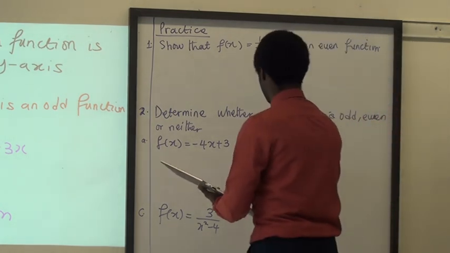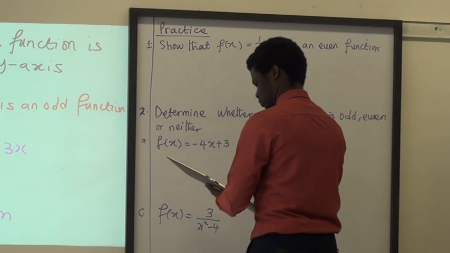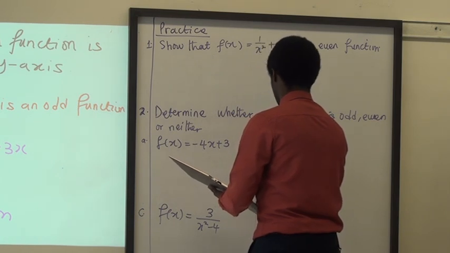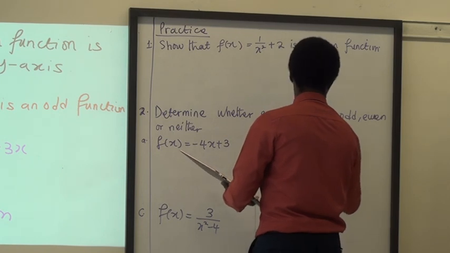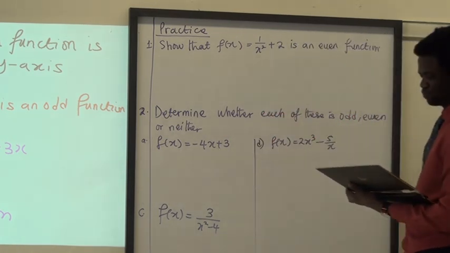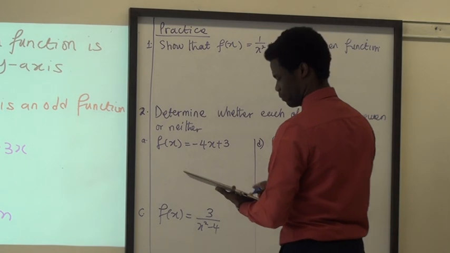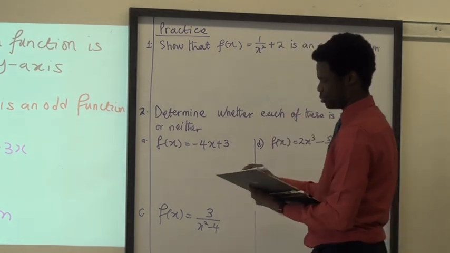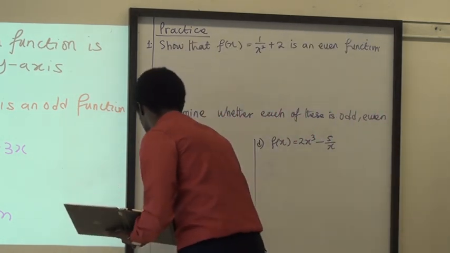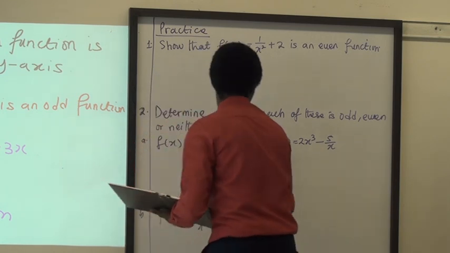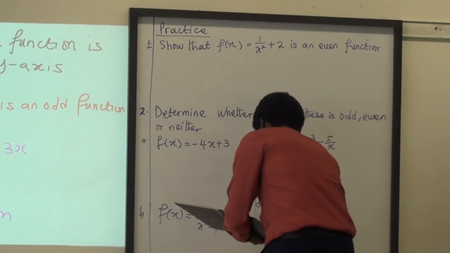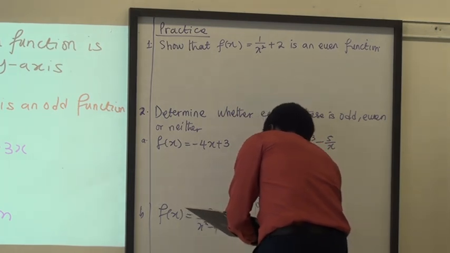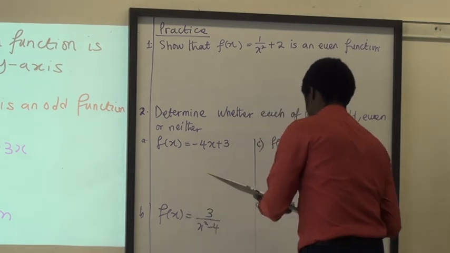Let's pick D: x cubed minus 5 over x. So I just call them A, B, C, D here. And I pick question F as question D on the board: square root of x.